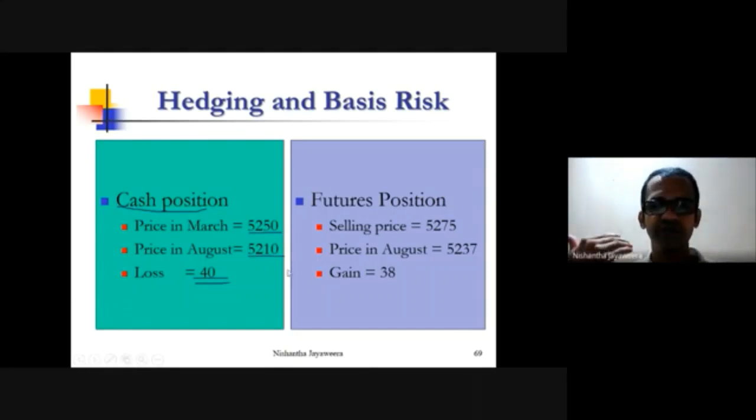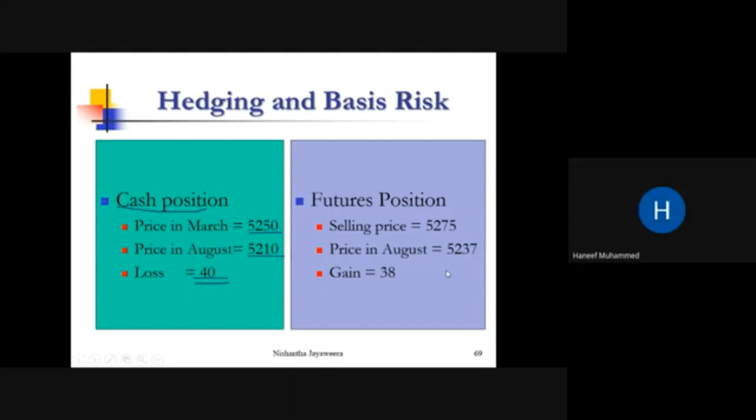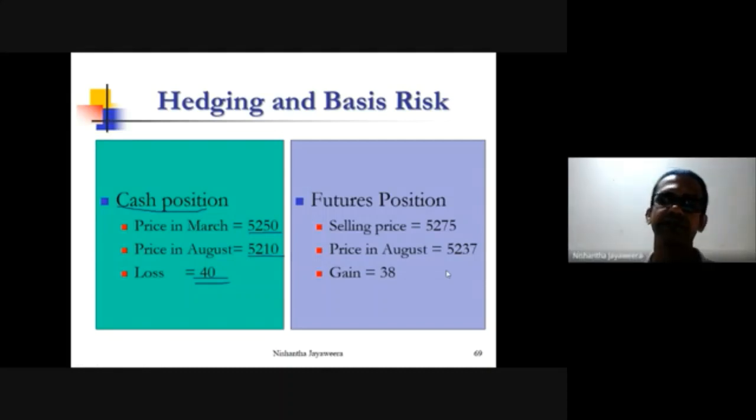We have sold the futures contract. We sold it at 5,275, but by August, now the futures contract is trading at a lower price, 5,237. Are we making or are we losing? Since we sold, we are gaining. Since we have sold it, when the price goes down, we gain.